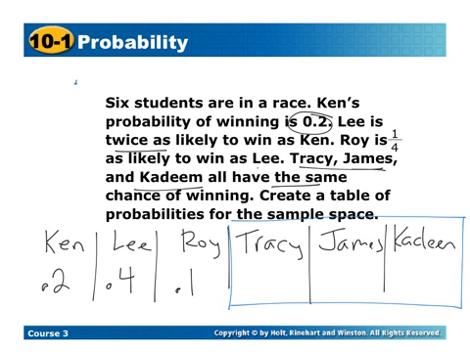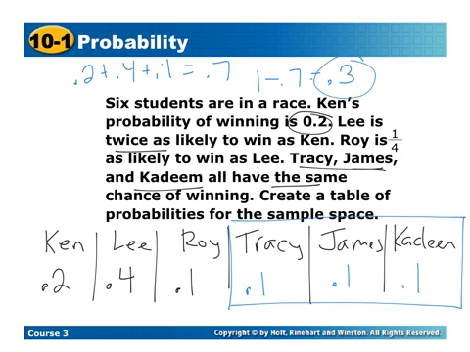So if I do 0.2 plus 0.4 plus 0.1, I get 0.7. So that leaves 1 minus 0.7, or 0.3 left. Well, 0.3 divided by 3 is going to leave each of them with a 1/10 chance of winning the race.